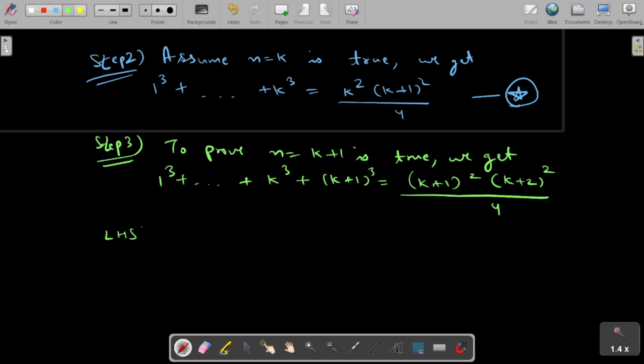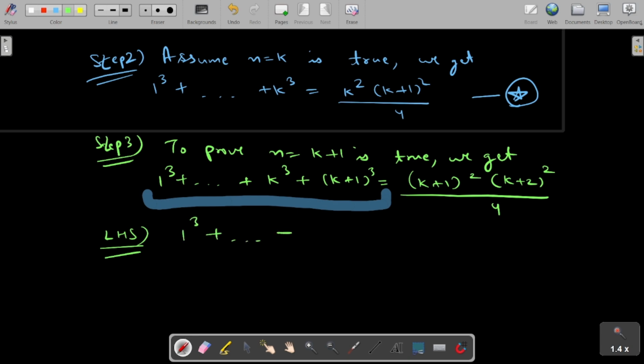So on the left hand side, we're going to take this entire chunk as it is under consideration. So it's 1 cube, you need to write down, okay? Because it's a proving question, so here steps matter. So let's just use star for this part.